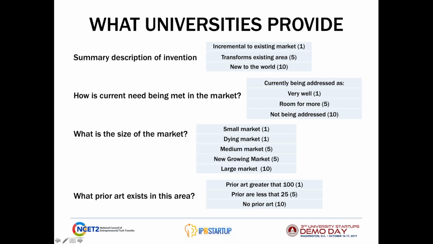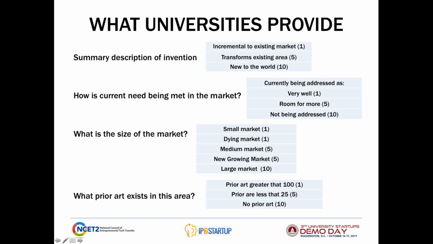Is it going to transform an existing area, or is it new to the world? It's something no one's ever seen before. And those numbers associated with each of those areas rank it as getting a high score or low score. And obviously, if it's incremental to an existing market and there's a lot of existing IP around it, it may get a very low score. But if it's new to the world, it may get a very high score.